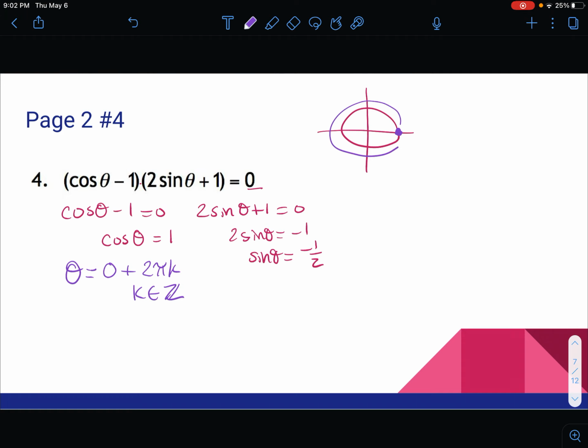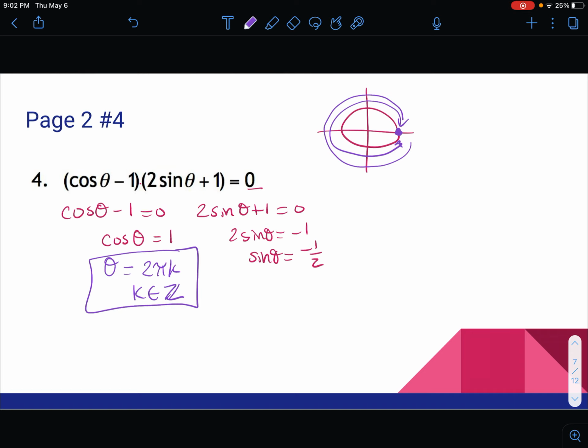Because, of course, if I make a full rotation to the right or to the left, I would get back at that exact same spot. You do not need to write the 0 plus, so if we want, we can just say theta equals 2 pi k, where k is an element of the integers. So that's part of our solutions.